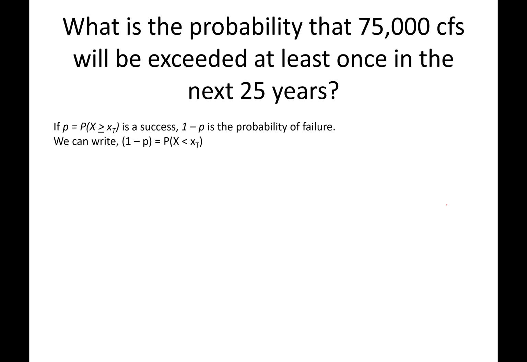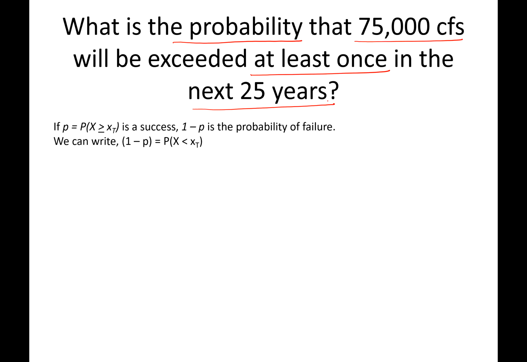Sometimes, instead of asking what is the probability that 75,000 CFS will be exceeded, we are interested in a certain number of years. So if you have designed a bridge or a culvert for, let's say, 25 years or 50 years, at that time, instead of asking what is the return period for 75,000 CFS, you may be asking what is the probability that 75,000 CFS will be exceeded at least once in the next 25 years.